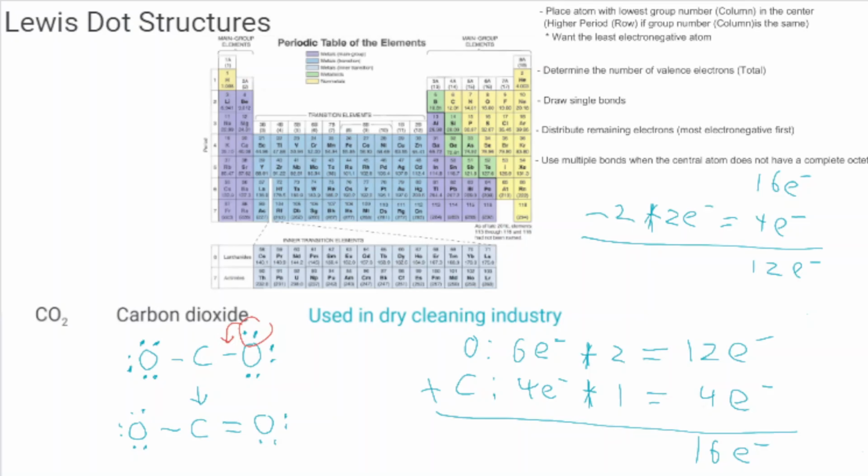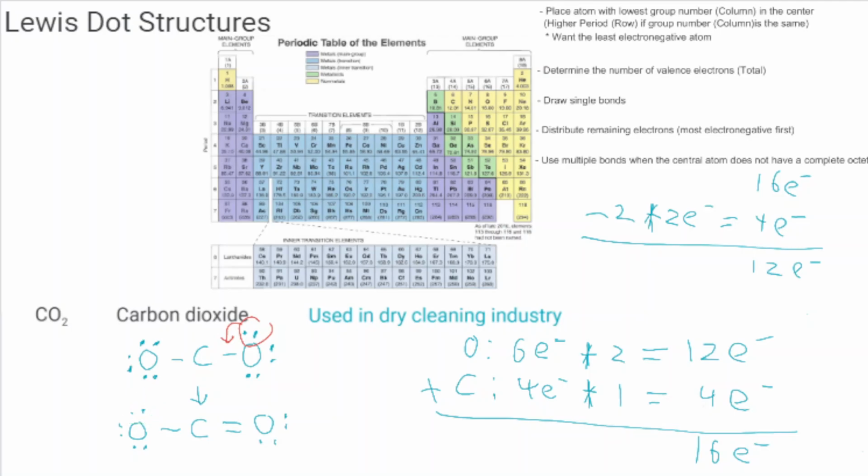Now, if we took from this oxygen, that wouldn't be that favorable. Oxygen is very electronegative. It does not want to share the majority of its electrons with the carbon. But this other oxygen here is a little electron rich. So this is the one we actually want to pull from.